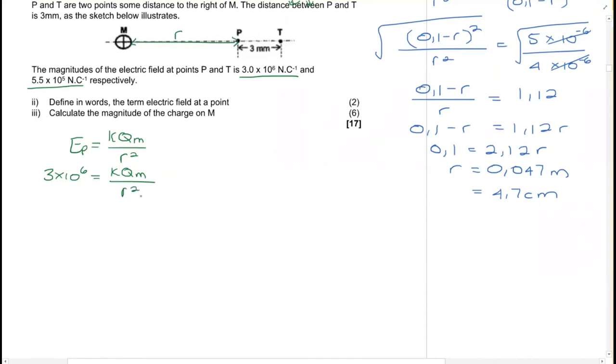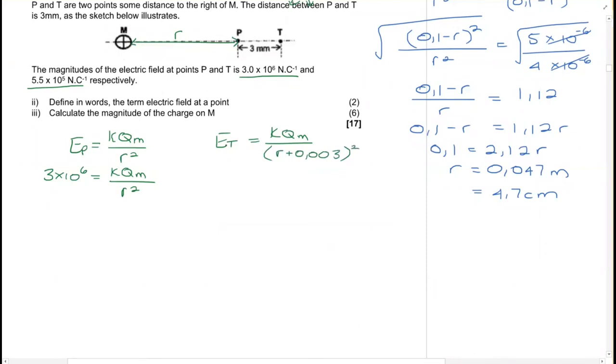We've got K. We don't have Q. Q is basically a variable and R is a variable. We do have K, but I'm going to leave it there. Let's do our other one. The field at T, same thing, QM. And our distance now is R plus 3 millimeters, 0.003.